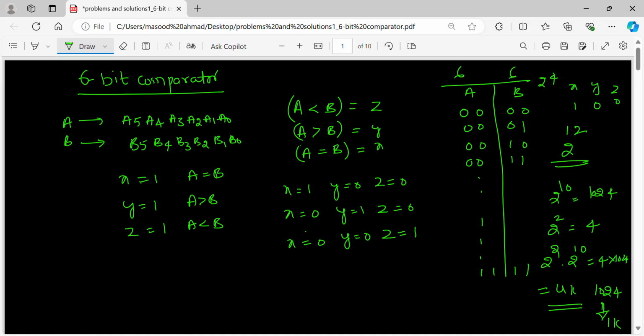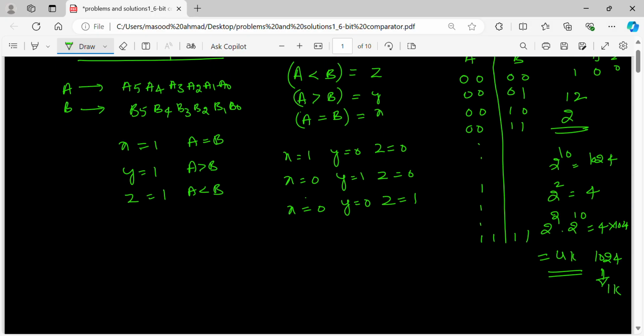So that's why we try to look at the MSB bits first. I don't mind what exactly these values are; we will do the comparison process.